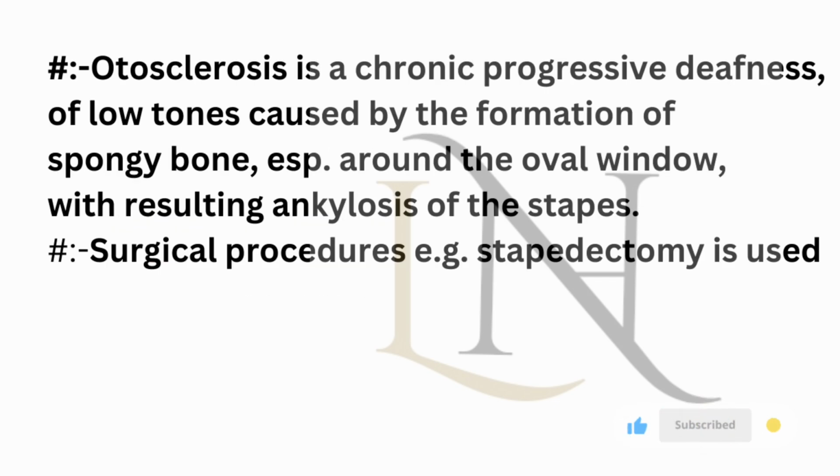Otosclerosis is a chronic progressive deafness of low tones caused by the formation of spongy bone, especially around the oval window, with resulting ankylosis of the stapes. A surgical procedure, for example stapedectomy, is used.